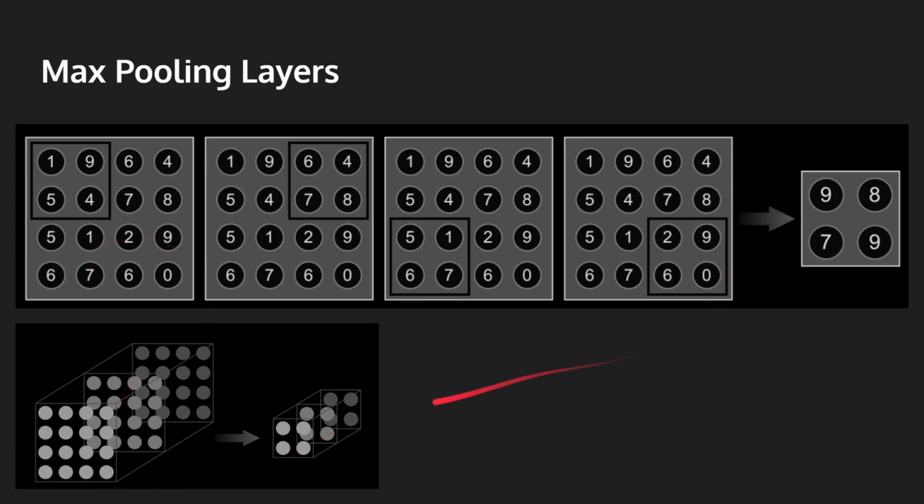We get the max value here, and we actually reduce the width and height, but the depth stays the same. Okay, so that's important to know about pooling layers. And in summary, pooling layers basically help keep the important features and pass them to the next layer while shrinking the image dimensionality, right? This will reduce computational complexity, okay?